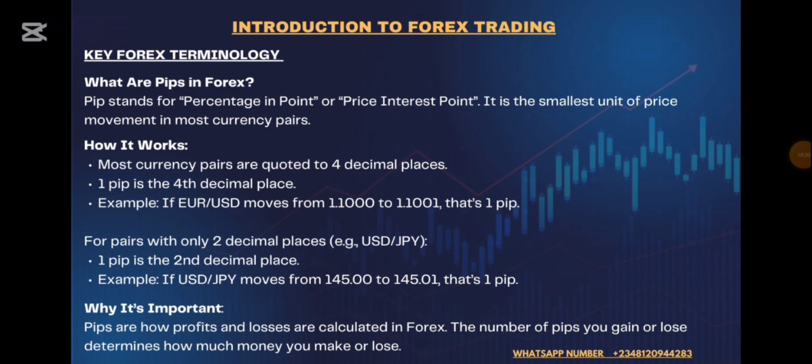So how does it work? Most currency pairs are quoted to 4 decimal places. We have 1 pip in the 4th decimal place. Now the pip is the last decimal value in your currency pair.